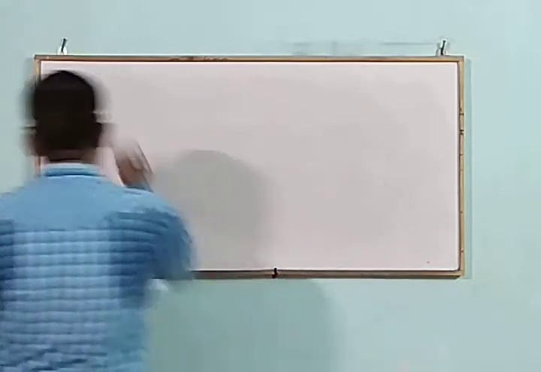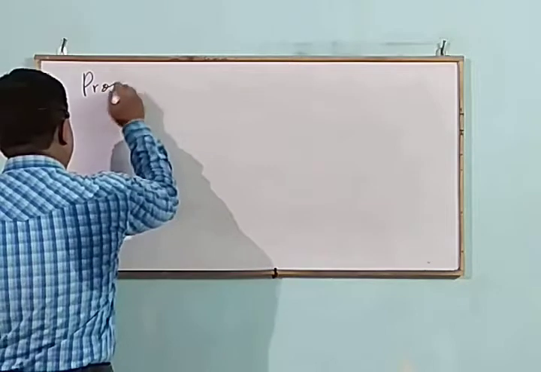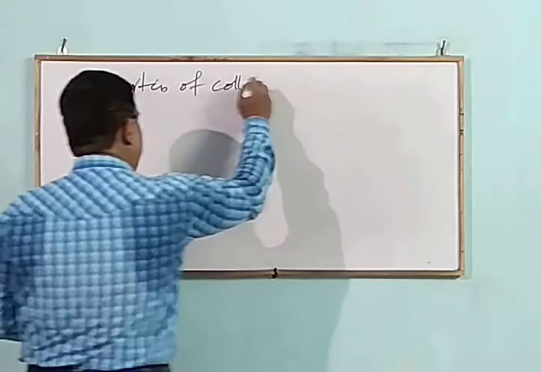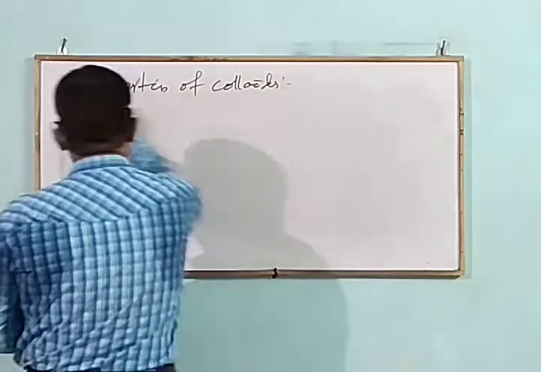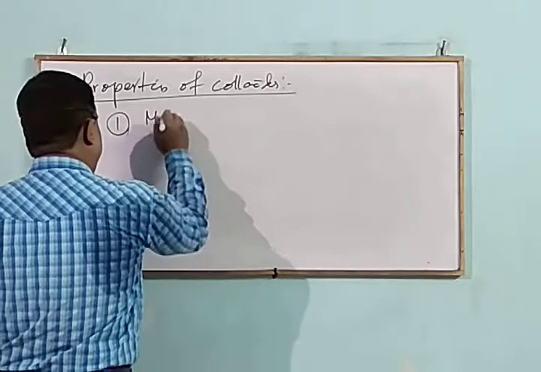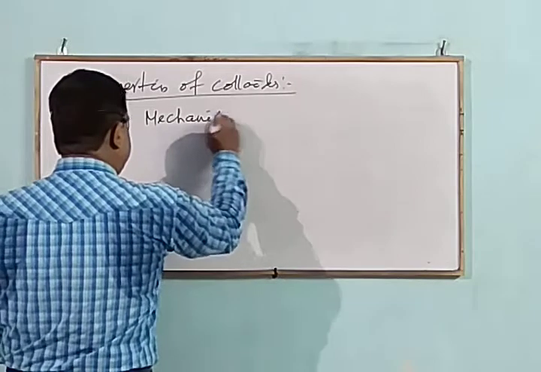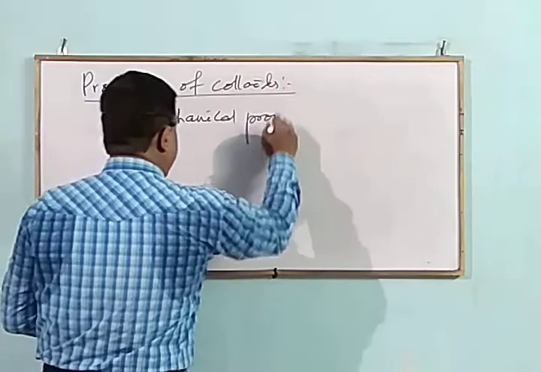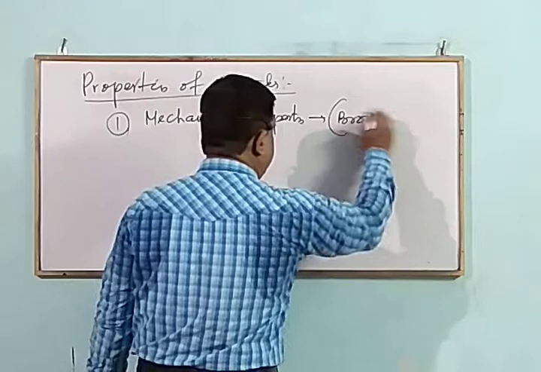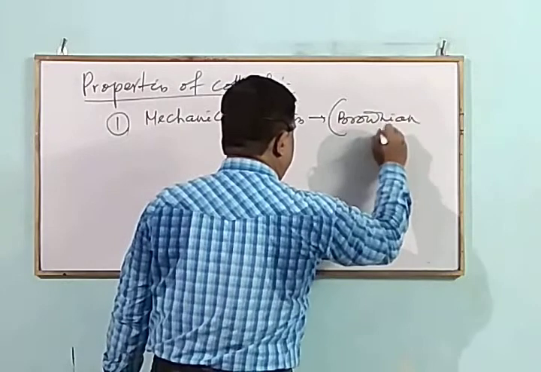Point one, mechanical property, that is Brownian movement.